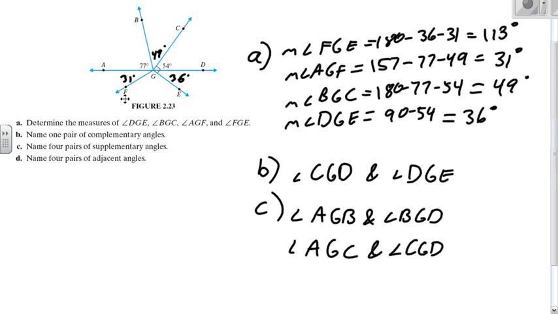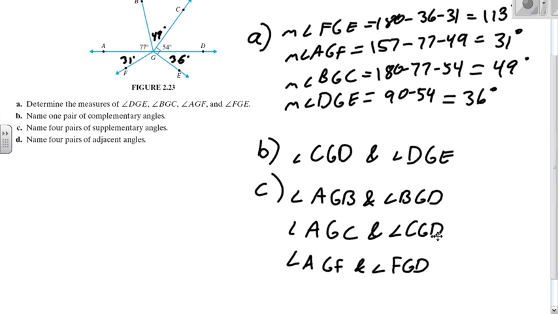Or on the bottom side of this, angle AGF with angle FGD. Or last, angle AGE with angle EGD. All of those pairs make a straight line 180 degrees, so they are supplementary.